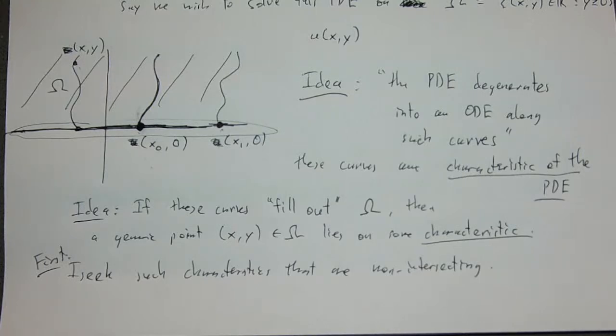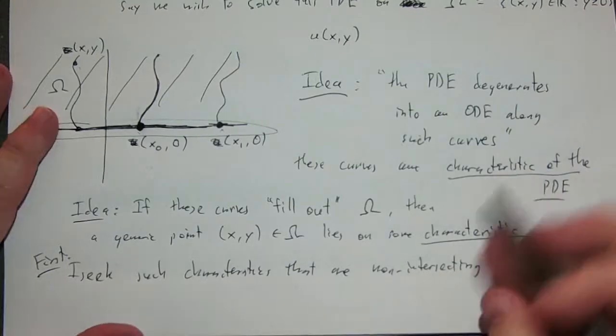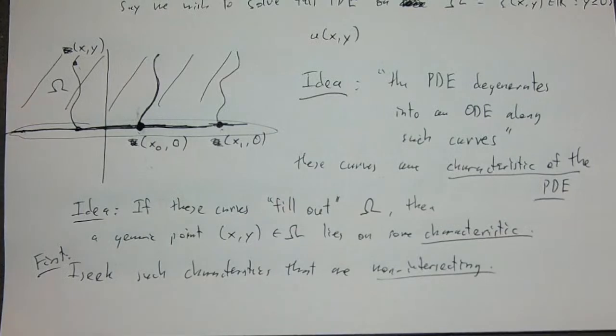Because you had two solution curves intersecting, you could specify the same initial data and get two distinct solution curves, and that was no good. Here, we're going to see examples of what happens when we have characteristics arising from a PDE that end up intersecting somewhere. For now, we're just going to hope that we're in this perfect situation that the characteristics are non-intersecting. So that's the first ask.